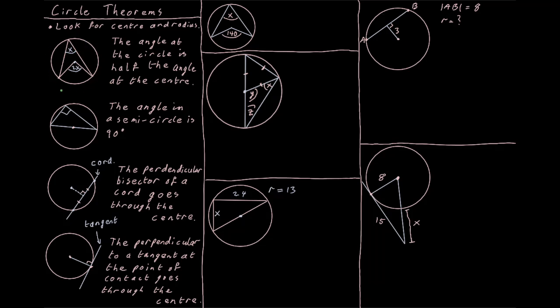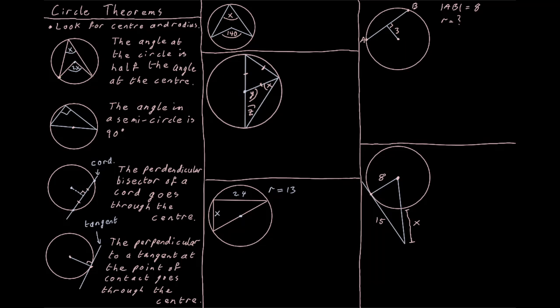Now, we have a theorem here that is quite important. The angle at the center of our circle is going to be twice the angle at the edge of the circle. So what we have is lines going in towards the center and going out towards the circle, and they're starting from the same points on the circle.